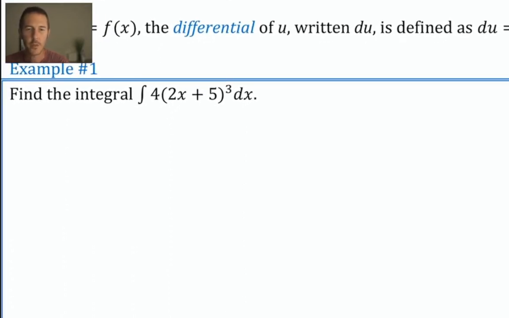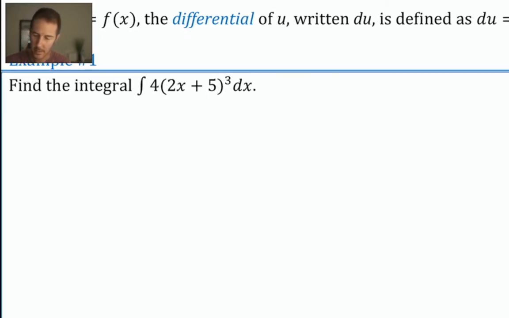Inside the parentheses here, you're seeing an expression 2x plus 5. It's being raised to the third power. As part of this integration process, I'm going to take the derivative of 2x plus 5. And the derivative of 2x plus 5 is 2, which is a constant value. Out here, you're seeing a constant value.